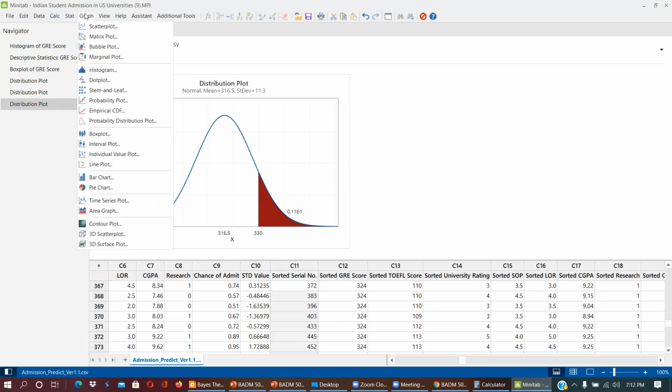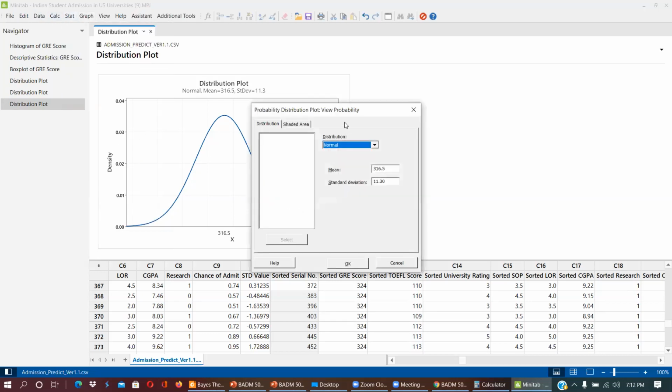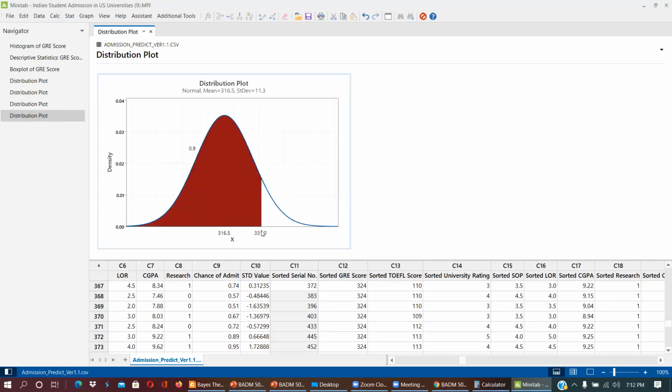So I go again here, and instead of the x value, I use the probability, the 90 percentile. So I can use 0.9. Let's go. So those who have scored 331 plus, 331 is the cutoff.